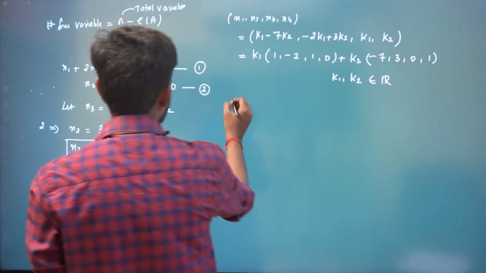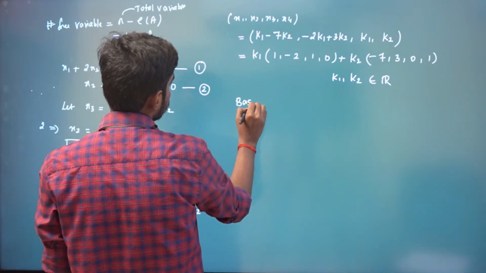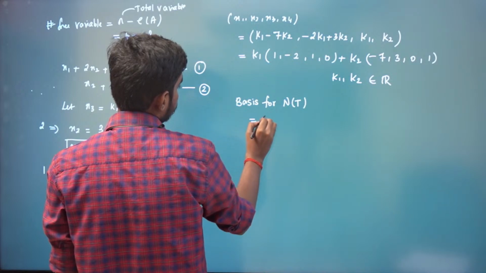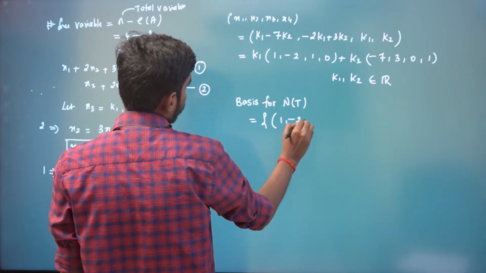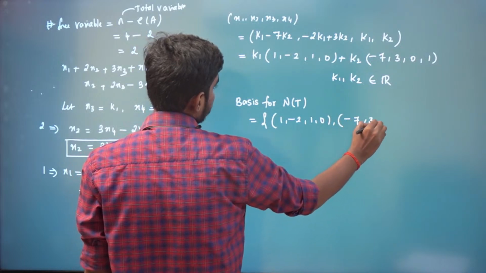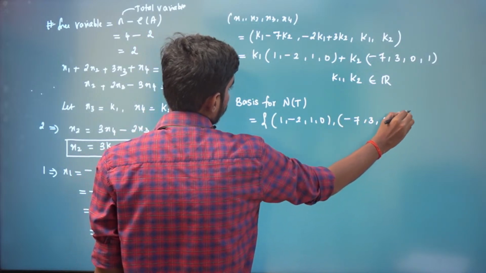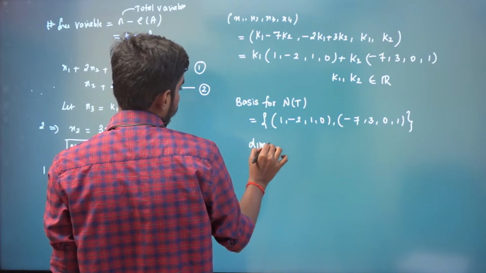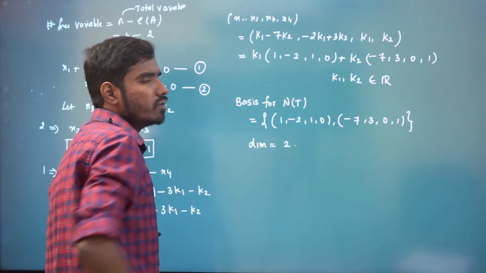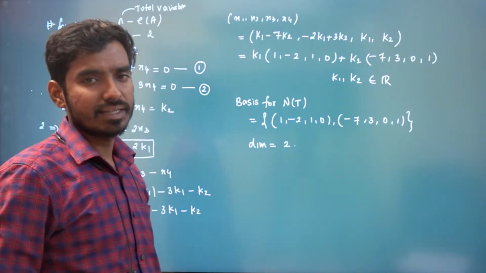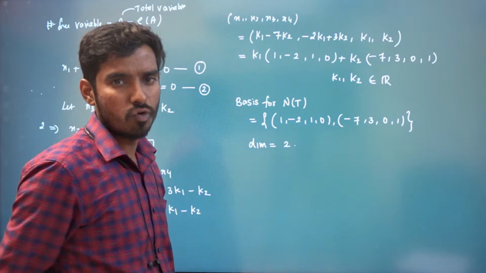So the basis for null space of T is given by 1 comma minus 2 comma 1 comma 0 and minus 7 comma 3 comma 0 comma 1, and what is nullity of T? Dimension is 2, that we already know, right? Because rank is 2, obviously nullity has to be equal to 2, because rank plus nullity is equal to 4.